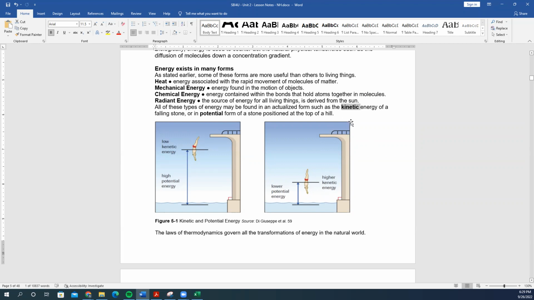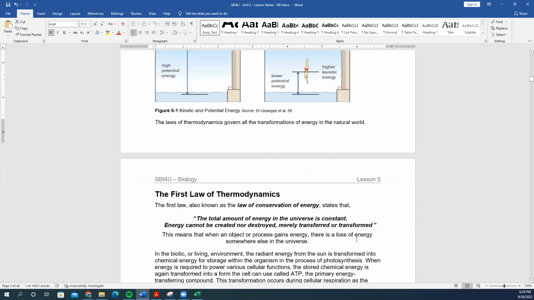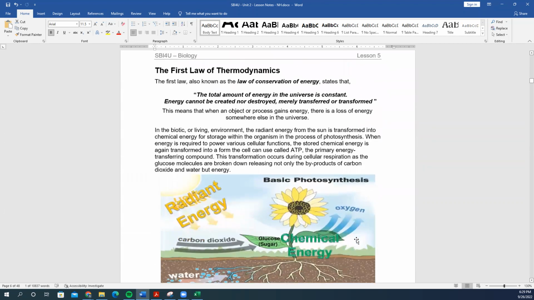These laws of thermodynamics really govern all the transformations of energy that take place in our natural world. The first law of thermodynamics, which I'm sure probably all of you are familiar with, is also known as the law of conservation of energy. It states that the total energy in the universe is constant.